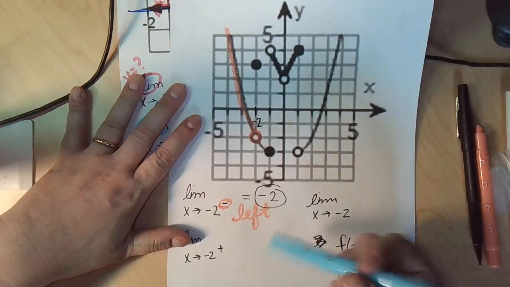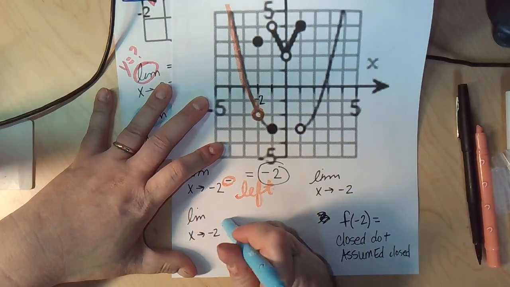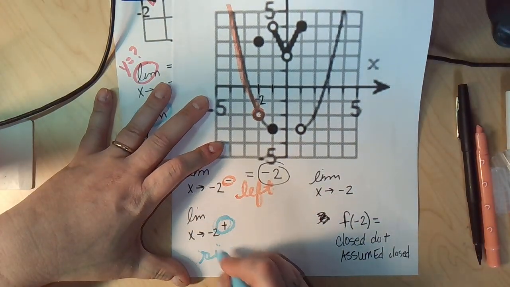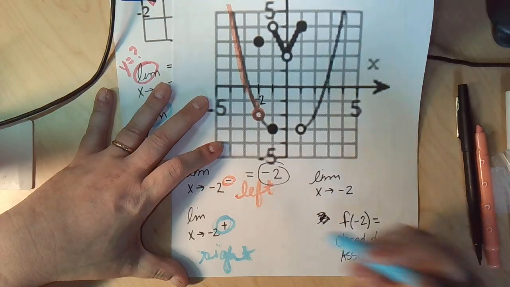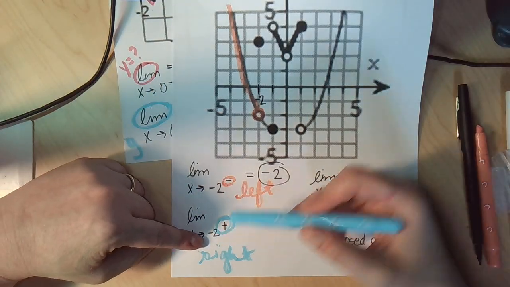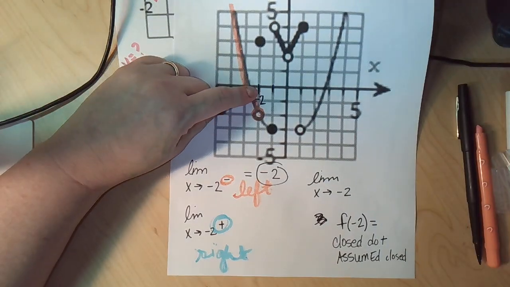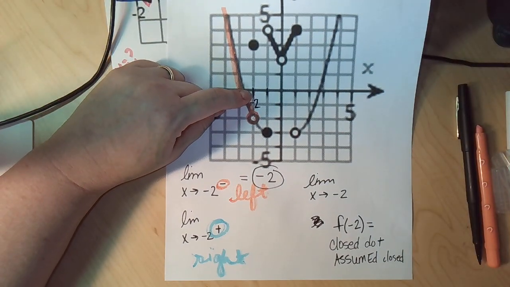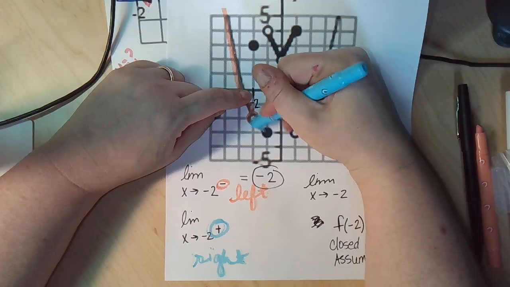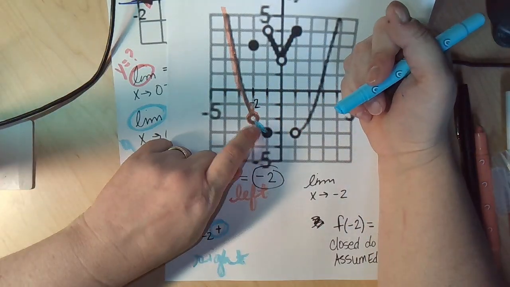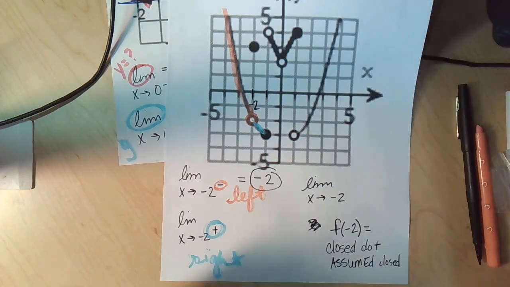Okay, let's look at the next limit. It says plus sign. That means right. Okay, so let's go to -2 on the x-axis. Here's -2 on the x-axis. And we're going to look at the right side, the curve to the right of it, which is this piece of the curve.